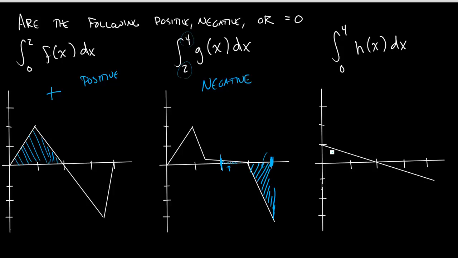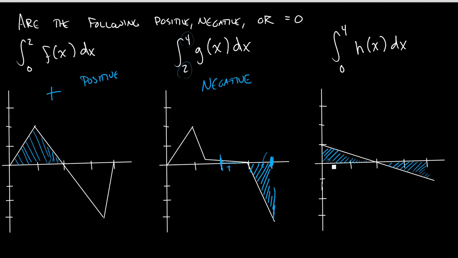How about this one here? Let's take a look at this. From 0 to 4, we're going to include everything we're showing here. And we have some positive area. We have some negative area. We have some stuff that's below the x-axis. So is this thing going to be positive or negative? Well, if you actually look at it, this has a base of 2. This has a base of 2. My height here is 1. My height here is negative 1.